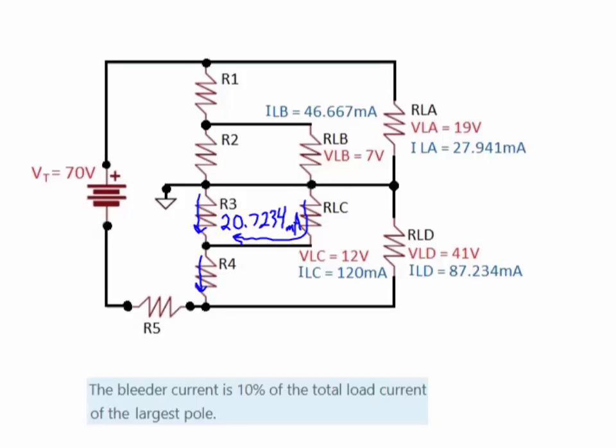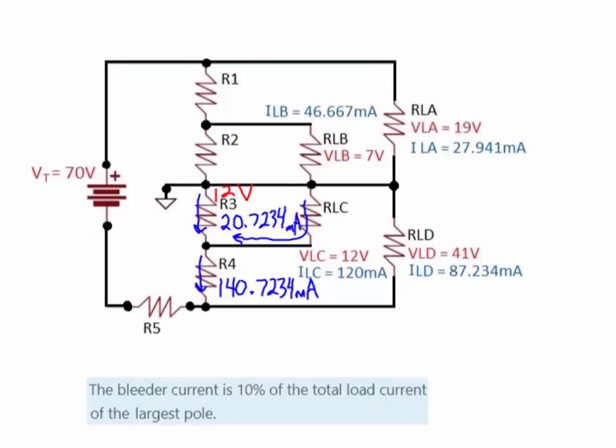So that would be 120 milliamps plus 20.7234 milliamps, or 140.7234 milliamps. Now also, when we look at resistor 3, we realize that it's in parallel with the load C resistor. Load C is at 12 volts. So a parallel relationship between resistors means that the voltage drop on resistor 3 is also going to be 12 volts. And now we can use Ohm's law to solve for the resistance of resistor 3.